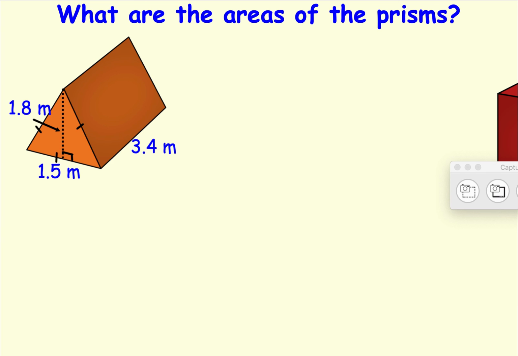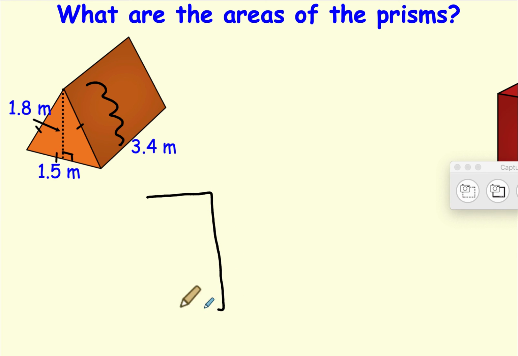So let's figure out the surface area. This is kind of like our tent. If we were going to figure out our surface area, we would first want to make our net. If we made this roll out like a tent, it would look like 3 rectangles.